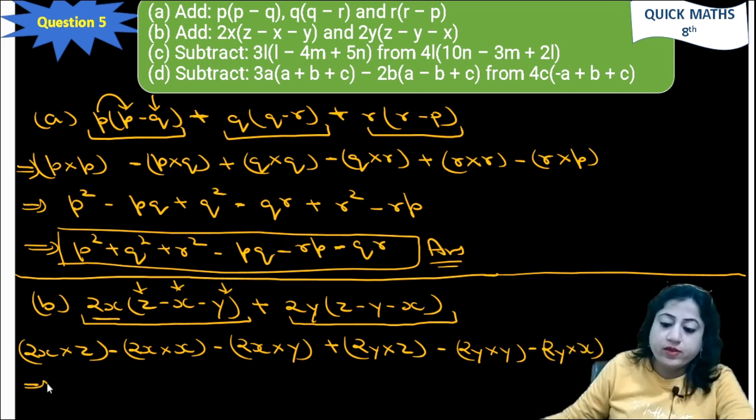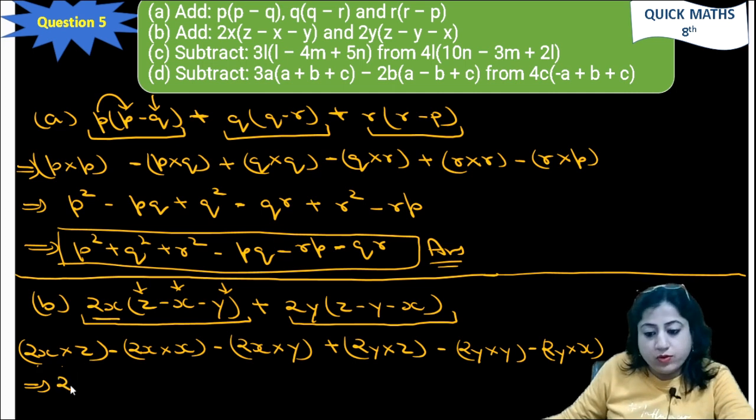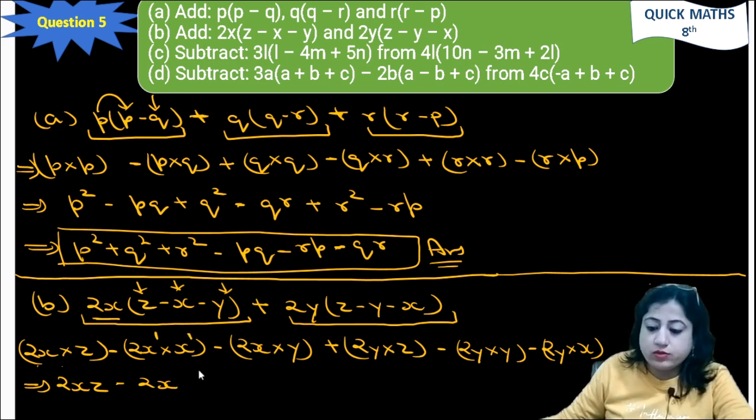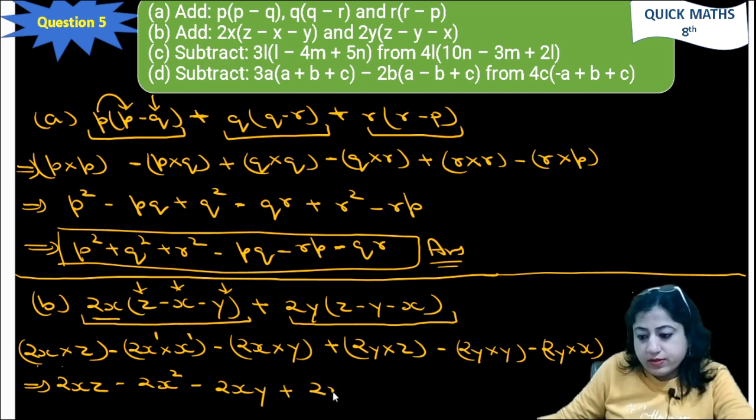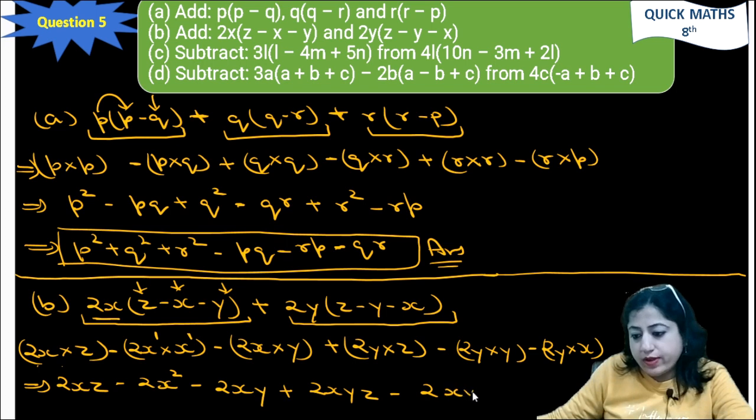So it will be 2xz, because all are unlike, minus, now x being multiplied with x, so it will be power 2, x square y, plus 2xyz, minus 2xy square, minus 2x square y.